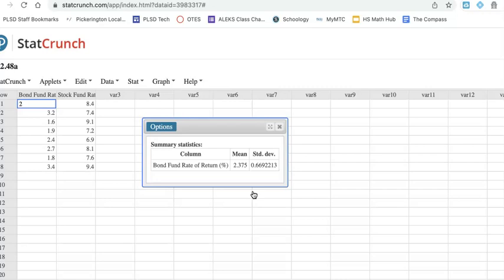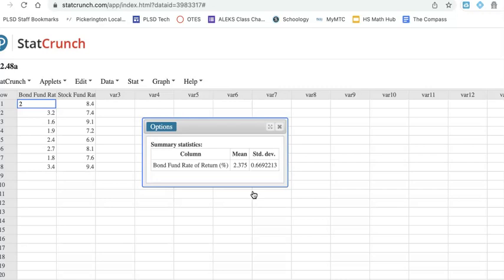So when I look at the numbers, I'm going to take the mean, 2.38, and I'm going to subtract a standard deviation, so minus 0.67. That gives me 1.71.